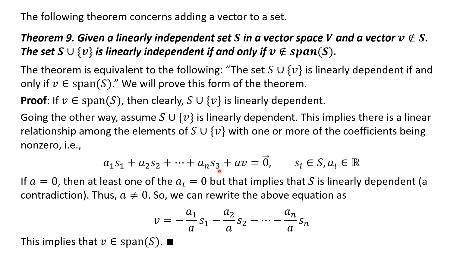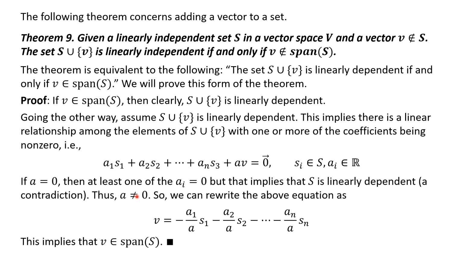So we have this relationship here. And then we have a couple of cases. If a equals 0, then at least one of the a sub i is non-zero, but that implies S is linearly dependent. It's a contradiction.